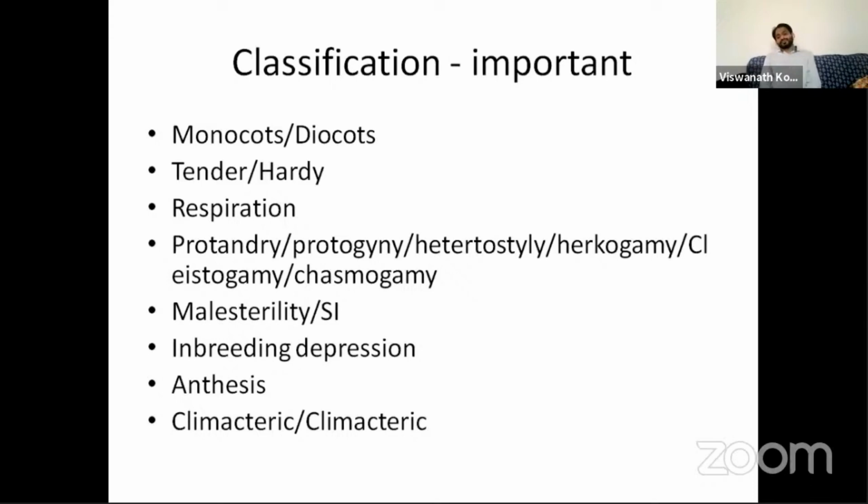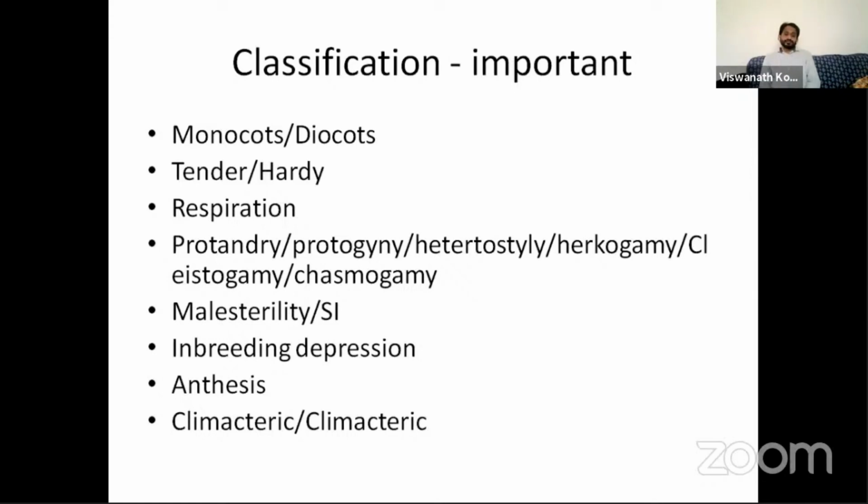Then genetic and cytoplasmic male sterility, and inbreeding depression: high, medium, low. High inbreeding depression in carrot, medium in onion and cole crops, low in cucumber and beet. And anthesis, the time of flower opening: bottle gourd, ridge gourd, snake gourd have flower opening in the evening. And climacteric and non-climacteric: tomato, muskmelon, watermelon are climacteric, others are non-climacteric.